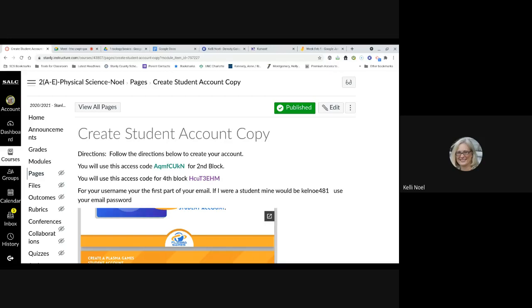Make sure if it's capital, you put it that way, and then use the same password as your email. And on Fridays, you're going to be required to play this game as a part of your assignment.